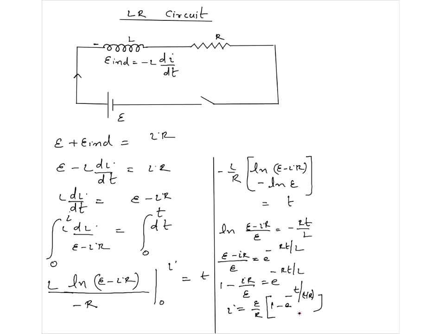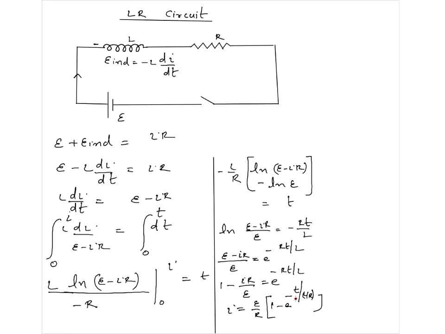Now watch it carefully and you realize that e to the power minus something is a decreasing function. E to the power negative is a decreasing function. So 1 minus that will be an increasing function, isn't it?